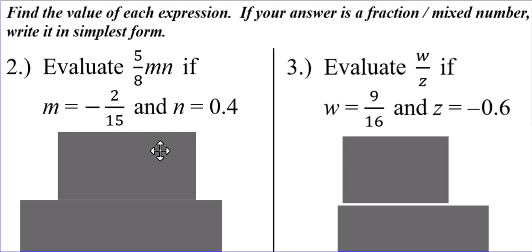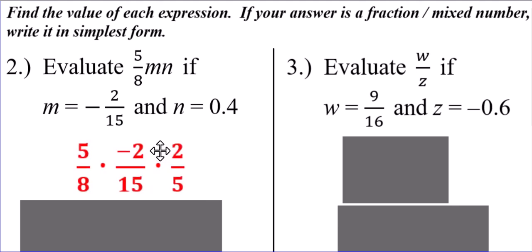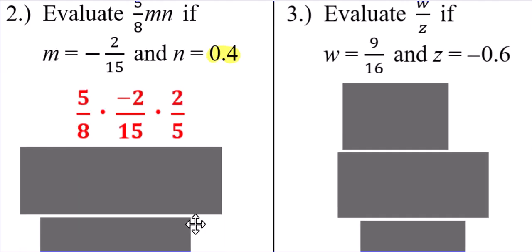5/8 times negative 2/15. I'm going to go ahead and multiply, and since 15ths are some nasty repeating decimals, I changed 0.4 into its fraction equivalent, which is 2/5. Now, from here, I look to see where I could reduce diagonally.